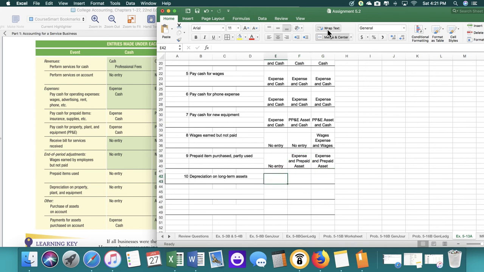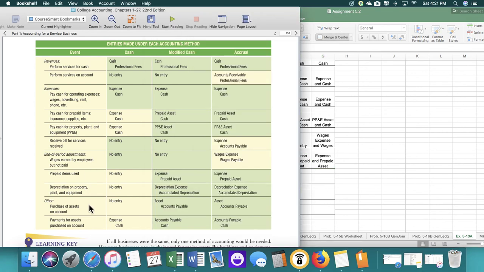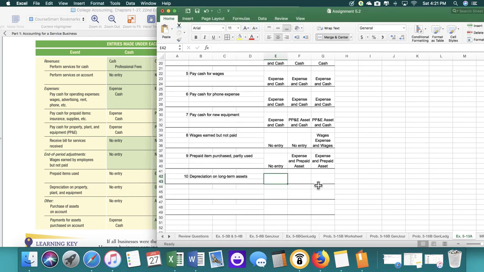And the last one, depreciation on long-term assets. So basically the long-term assets would be vehicles, vans, copy machines, printers, buildings, that type of item is considered a long-term asset. So since we're not dealing with cash, it's going to be no entry.